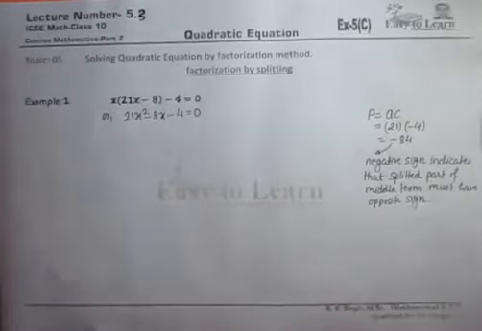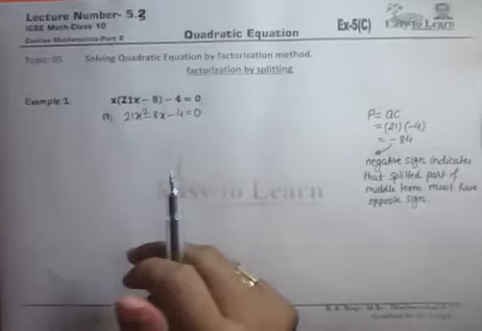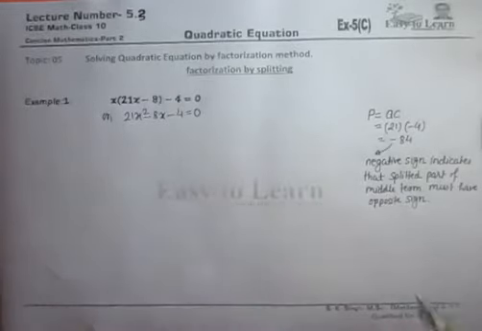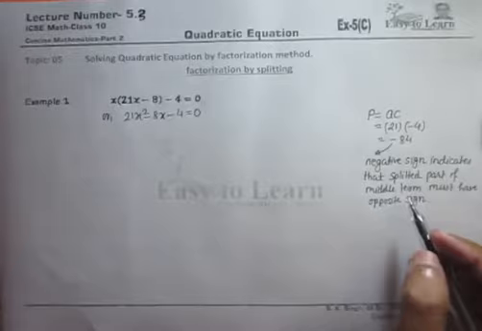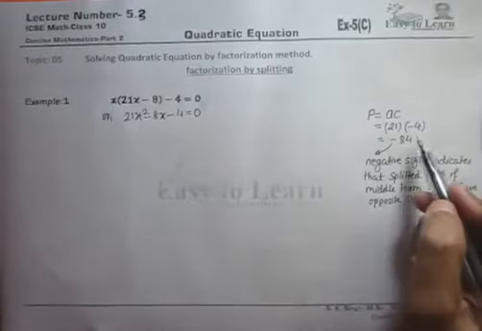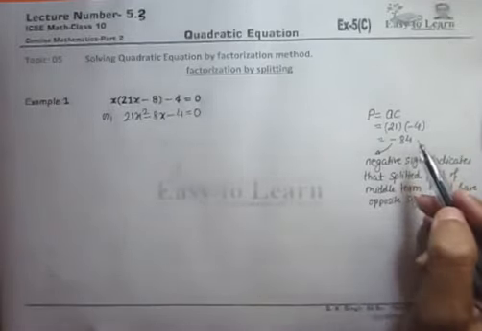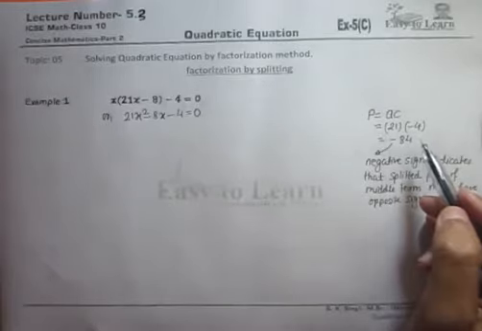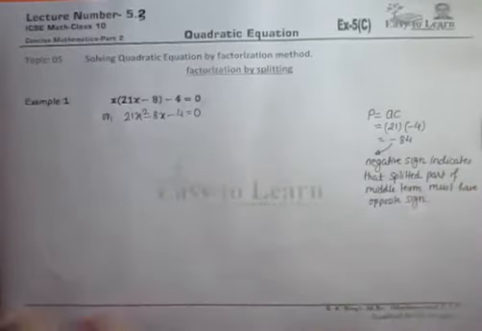So one part will be positive and another part will be negative. In another way we can say that we have to split 84 into two parts such that their difference must be equal to 8.